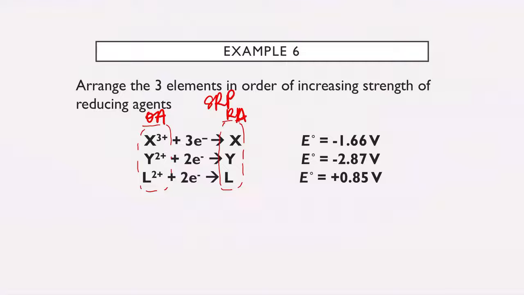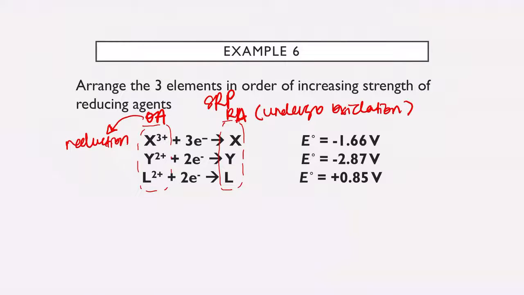Your reducing agent will undergo oxidation. Your oxidizing agent will undergo reduction. Okay, so tengok awak punya E0 ni. Okay, it is increasing dari siapa kepada siapa.